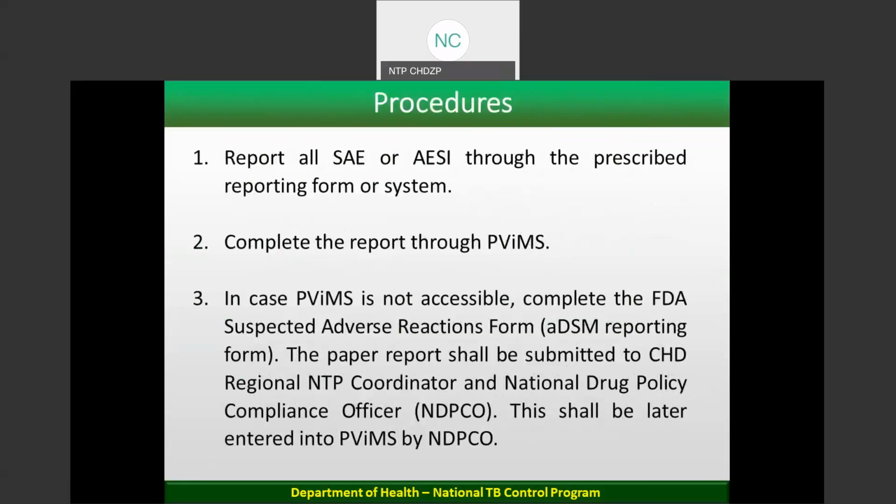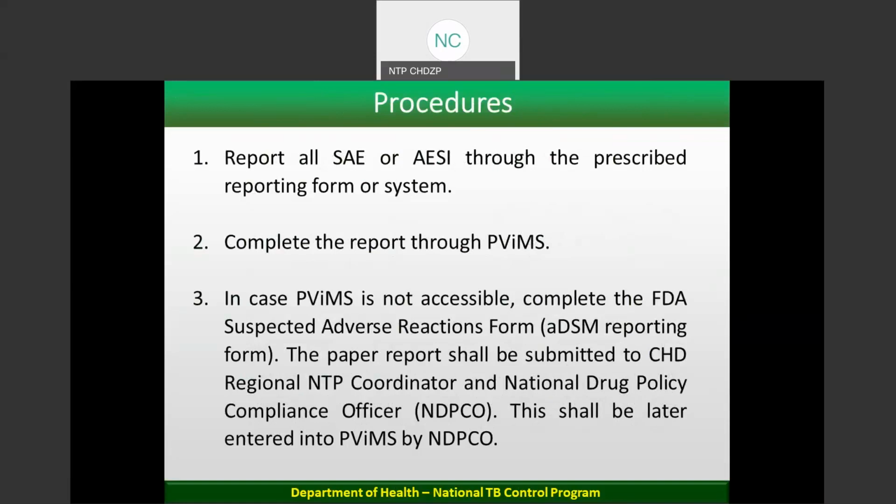Okay. So procedures on how we do the aDSM. Number 1, report all SAEs or AESIs through the prescribed reporting form or system. So we have the FDA recommended form, and then complete the report through PVIMS.